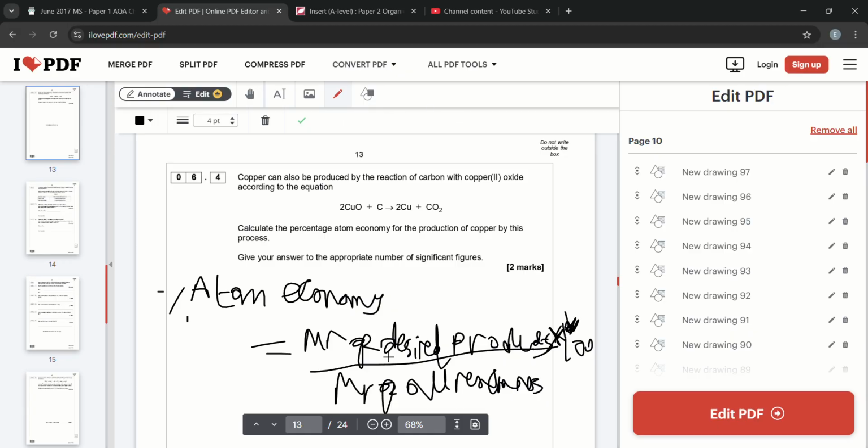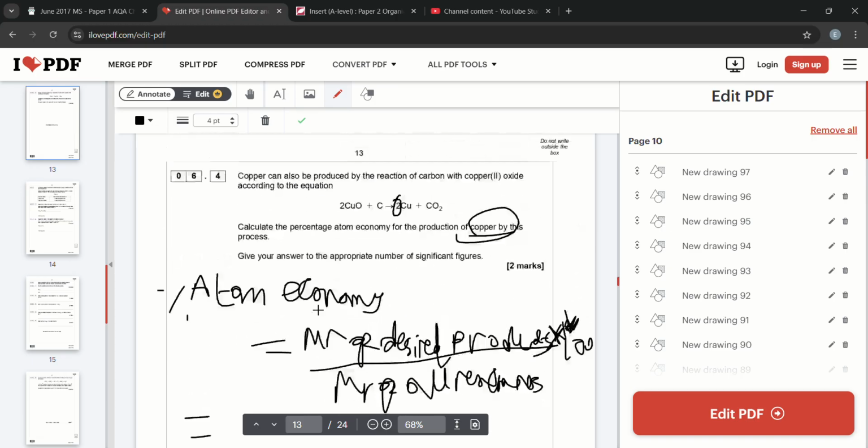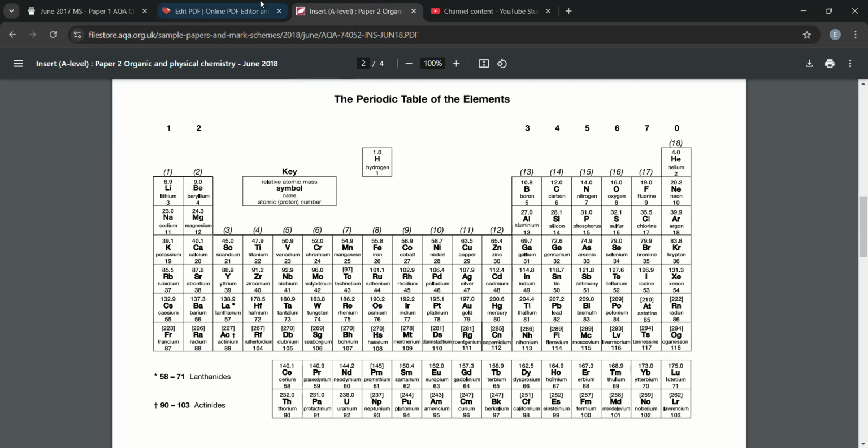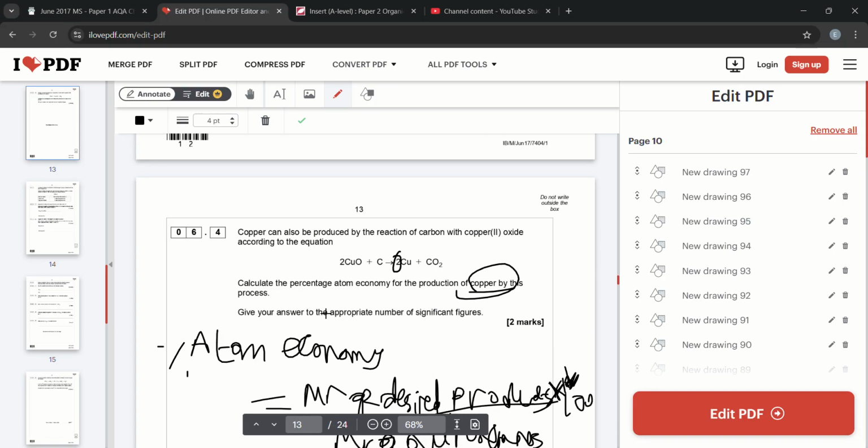And remember to include the moles. So we're trying to calculate percentage atom economy for the production of copper. So the Mr of desired product, copper, is 63.5, but we've got 2 moles of it, so it's 2 times 63.5, divided by the Mr of all reactants.